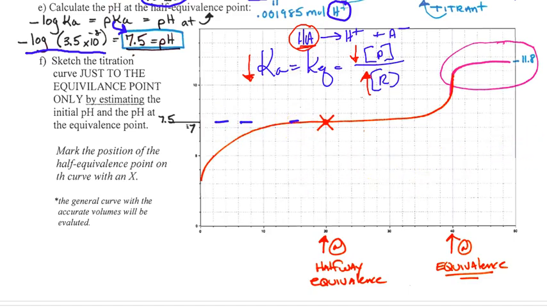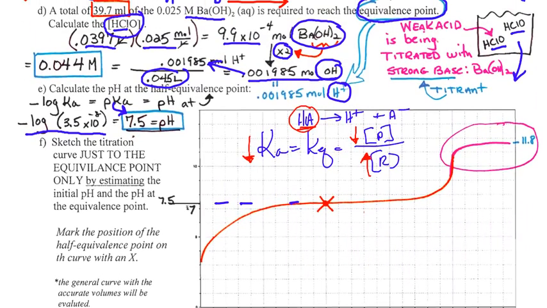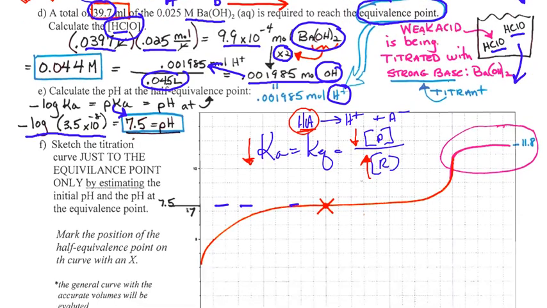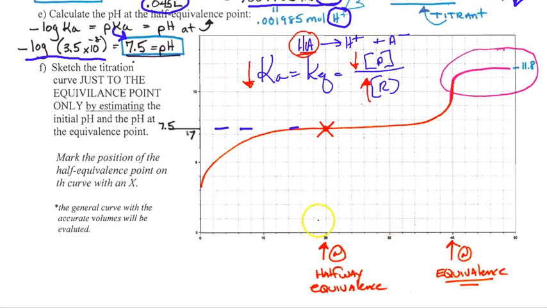So when we draw this, and this is where it was a disaster, we found that about 40 milliliters is what was needed to be added at the equivalence point. Notice my x-axis is the volume of the titrant. In this case, it was the base, the substance I add, that was added.